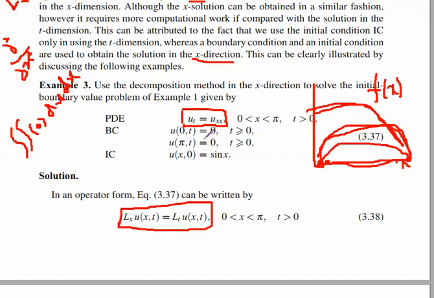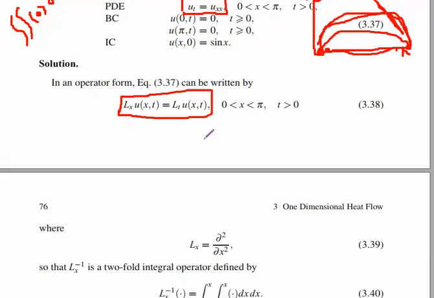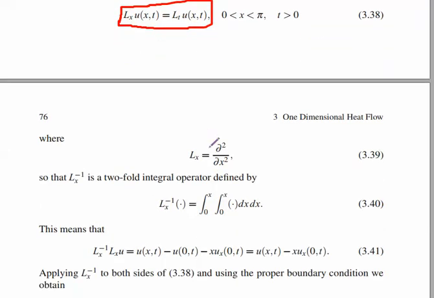Now, as we discussed before, in this example we are going to choose the linear operator L_x equal to this one, which is in terms of the x space variable.